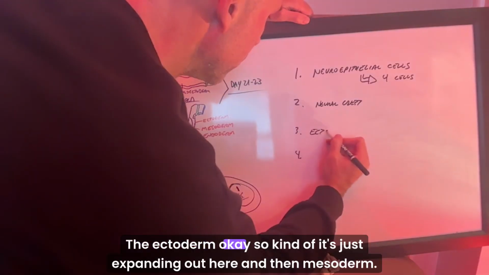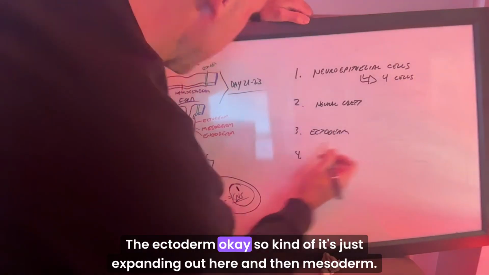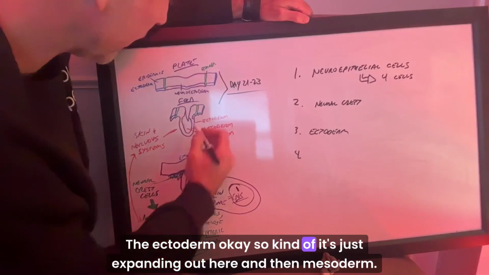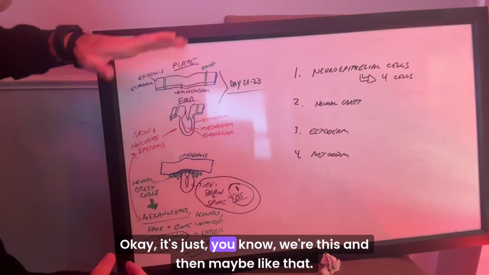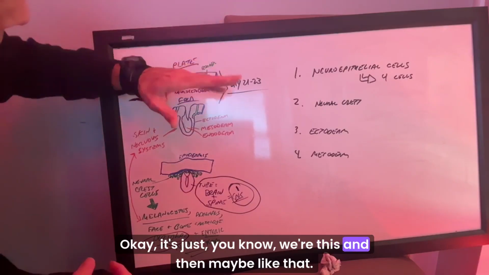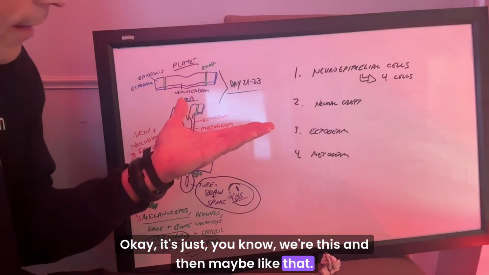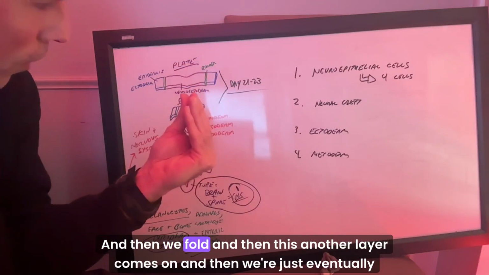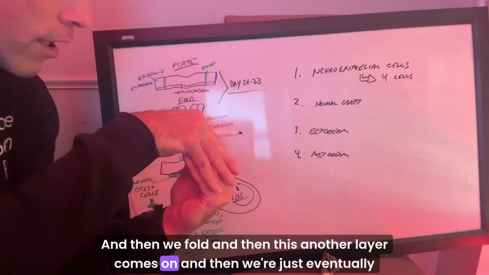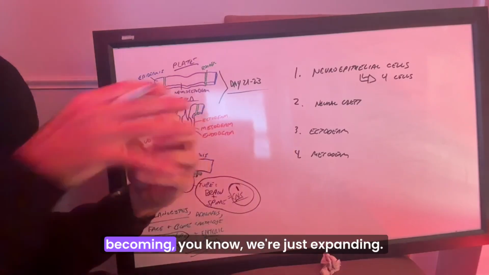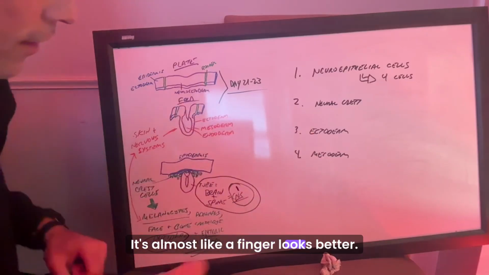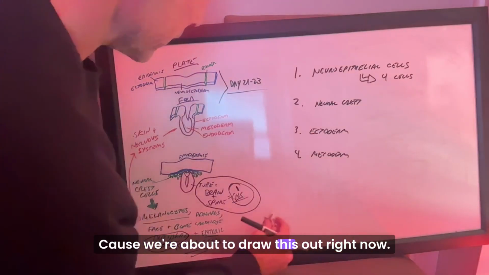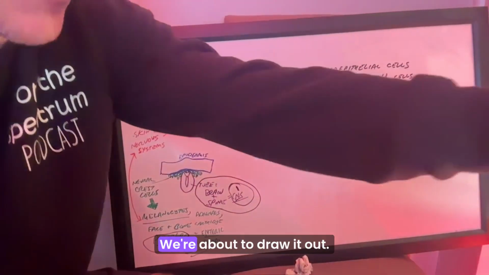The ectoderm is just expanding out here, and then mesoderm. Then we fold, and then another layer comes on, and we're just expanding. It's almost like a finger looks better because we're about to draw this out right now.